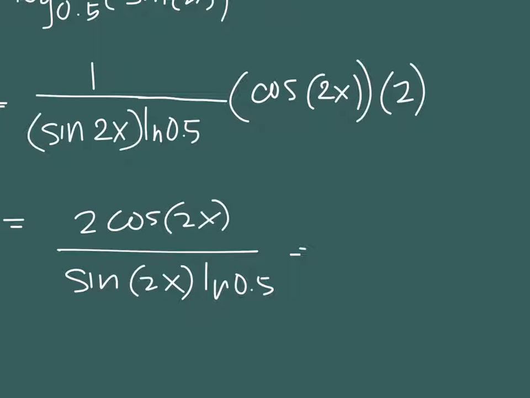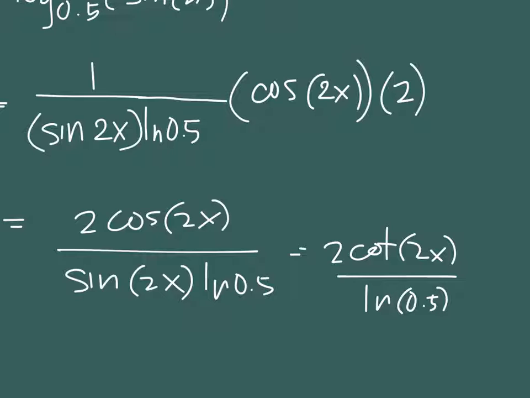So this is 2 cotangent 2x divided by ln of 0.5. Kasi yung cosine saka yung sine, they have the same expressions, but cosine over sine is cotangent. Okay, so that's how you get the derivatives of exponential and logarithmic functions.